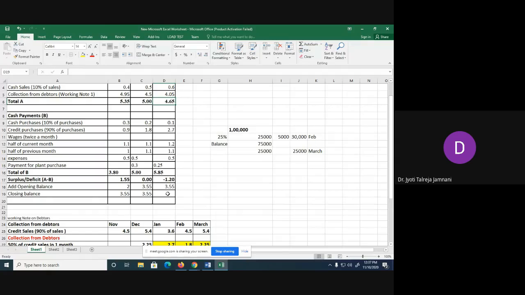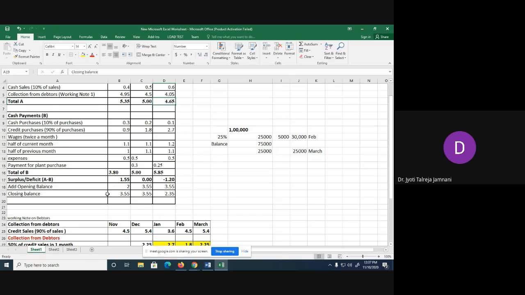And there is a deficit. So from this 3.55 it will get minus, so it will be 2.35. So these are the closing balances: 3,55,000, 3,55,000 and 2,35,000.